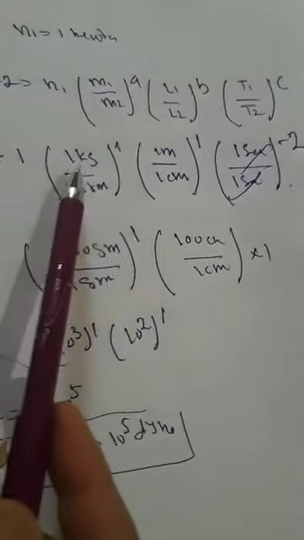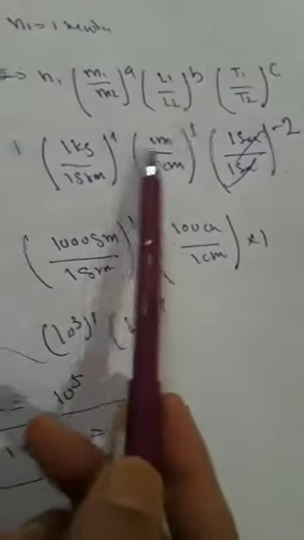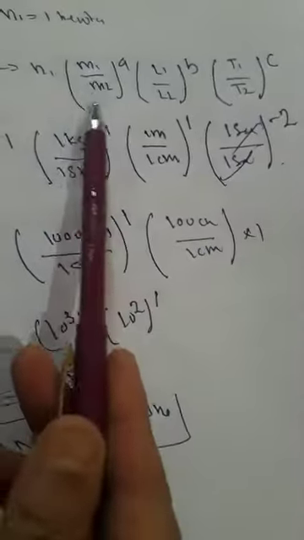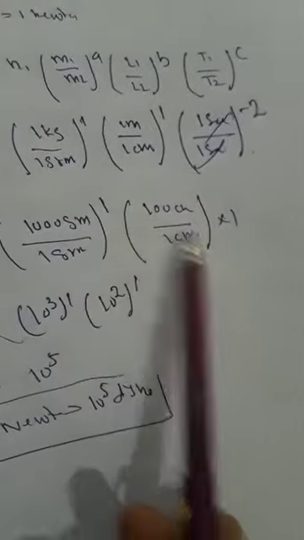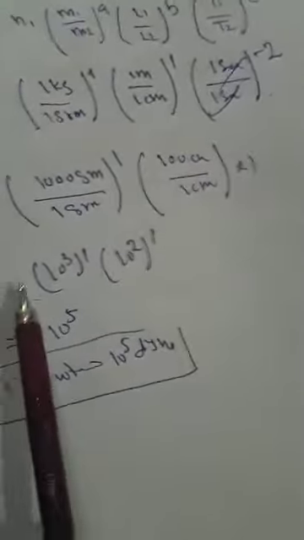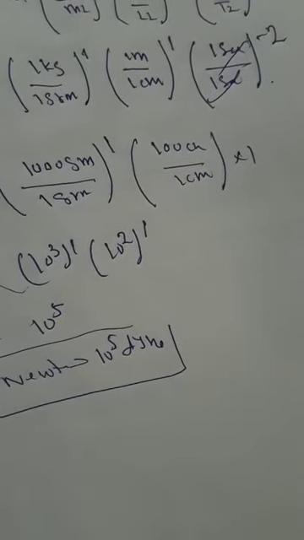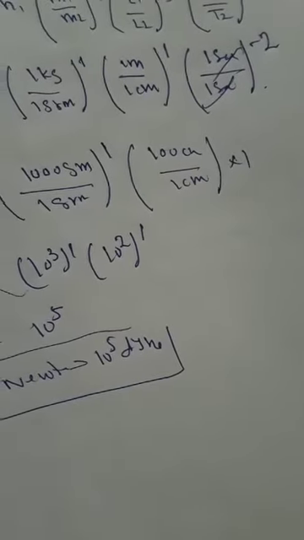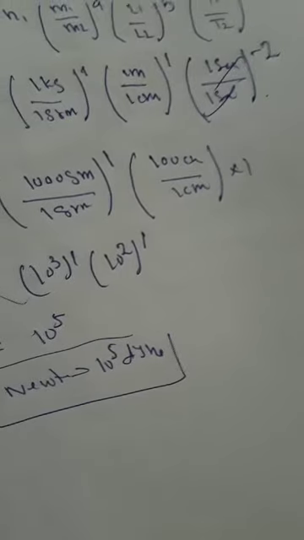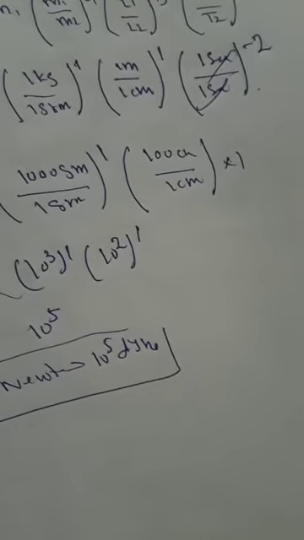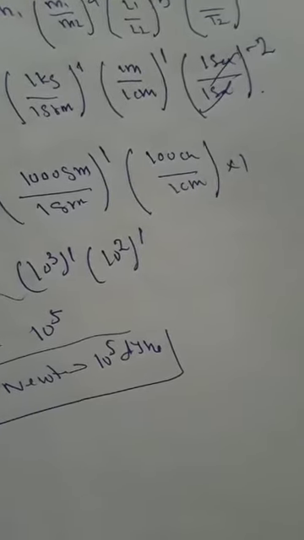Mass in the MKS system is 1 kilogram, length is 1 meter, time is 1 second. In the CGS system mass is 1 gram, length is 1 centimeter, and we have to convert into grams and centimeters. Ultimately we get 10 raised to the power 5. This is how we can convert one system of units into another. This is the application of the dimensional formula, conversion of one system of units into another.